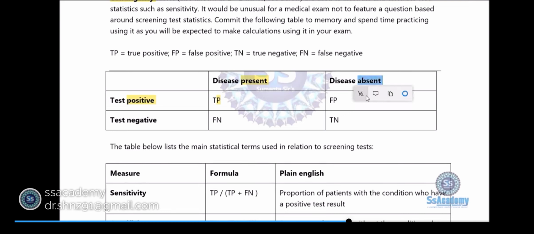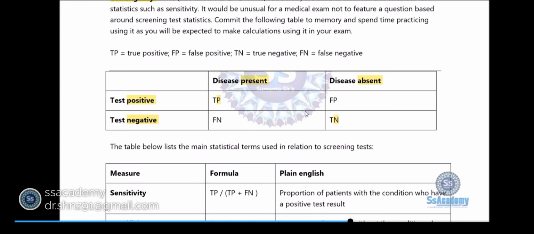Disease negative means the disease is absent, and a negative test is a true negative. So, my dear, you'll have mathematical questions. You need to make a contingency table first, before calculating your desired answers.